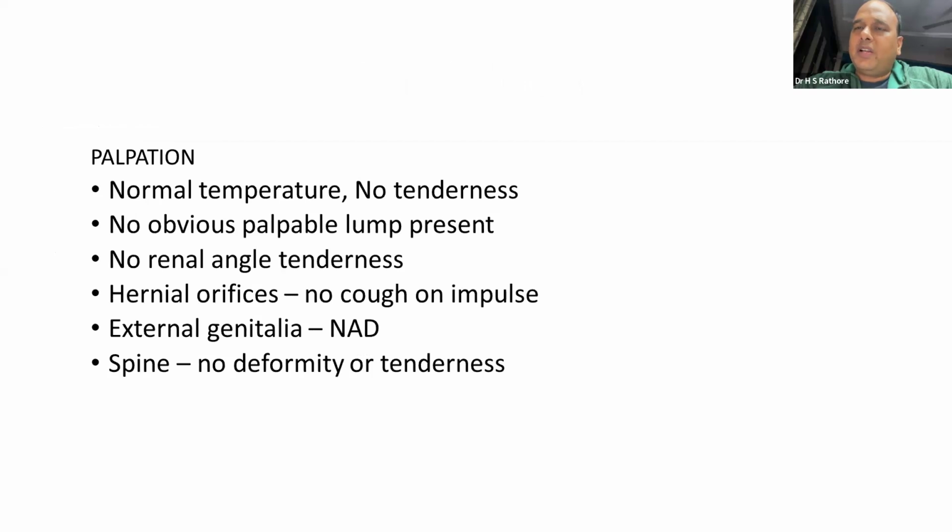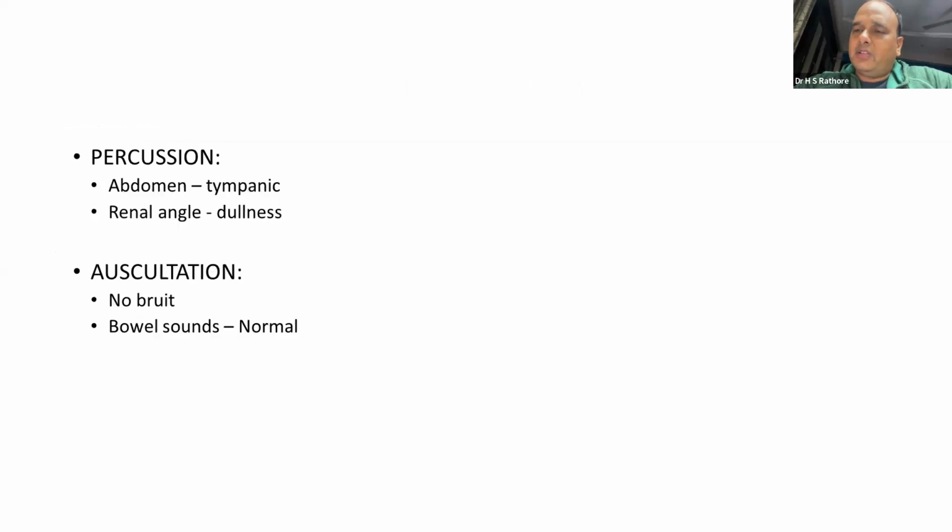On palpation, normal temperature, no tenderness, no obvious palpable lump, no renal angle tenderness, hernial orifices no cough impulse, external genitalia NAD, spine no deformity or tenderness. Percussion: abdomen tympanic all around, no renal angle dullness. Auscultation: no bruit, bowel sounds normal.